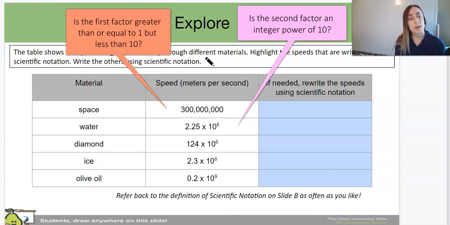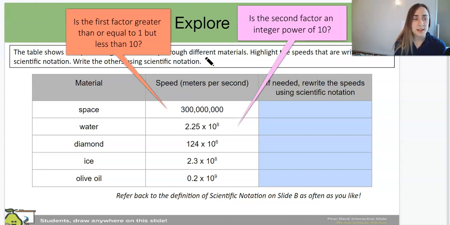And then the ones that are not already in scientific notation, you're going to fill in the speeds using scientific notation. So take whatever time you need on this slide to highlight the numbers that are already in scientific notation and rewrite the speeds that are not in scientific notation using scientific notation.